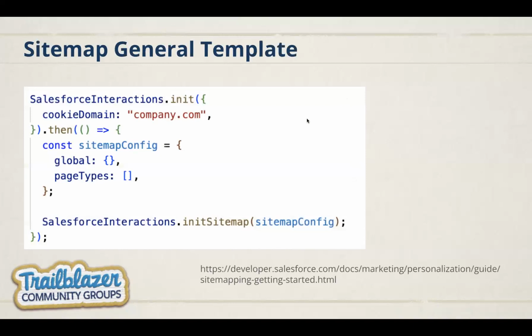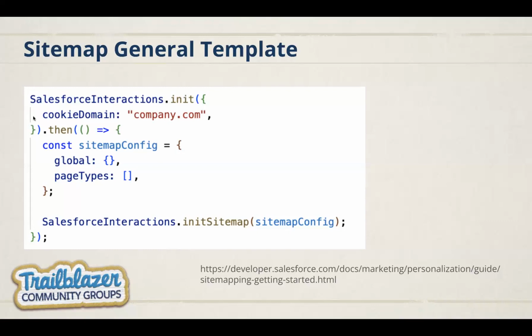Okay, being done with the setup, let's look at the sitemap. This is the sitemap, and this is the general template of it. Of course, there will be way more details inside here, but let's look at this bare bone template. Installing the beacon on the website gives you access to the Salesforce Interactions namespace, which has a lot of useful functions.